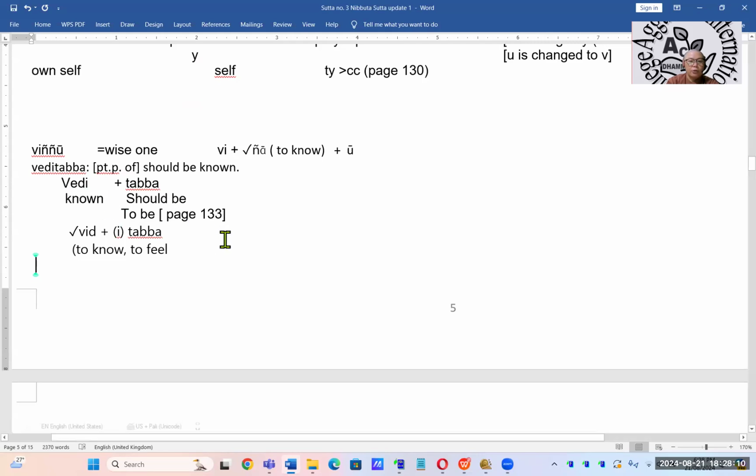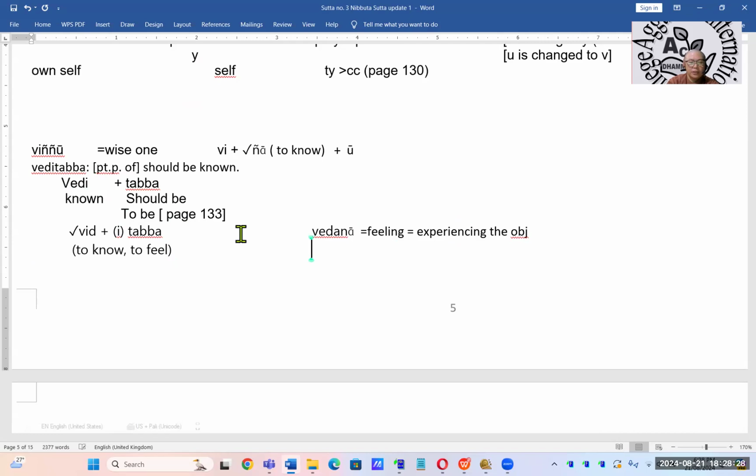Now where do you see vid? If you learn Abhidhamma, there is vedanā, feeling, which means experiencing. The root is vid plus ana.